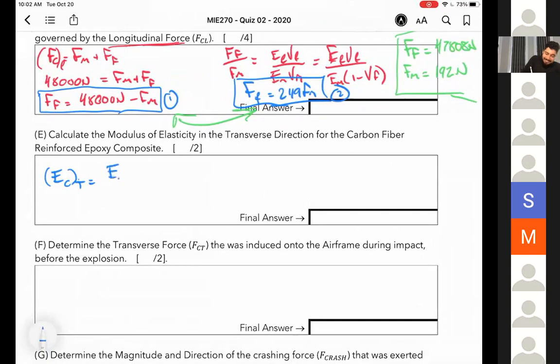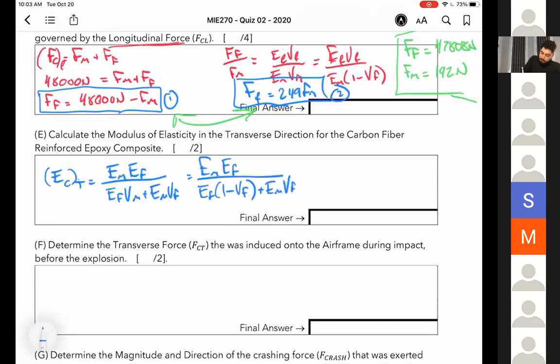Okay. E_F divided by V_M plus V_F, right? Or E_M E_F divided by E_F times (1 minus V_F) plus V_F. Okay?